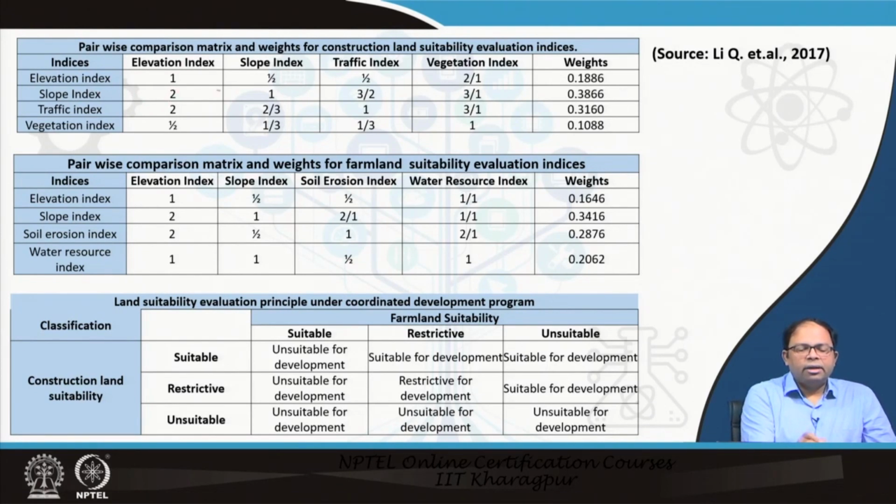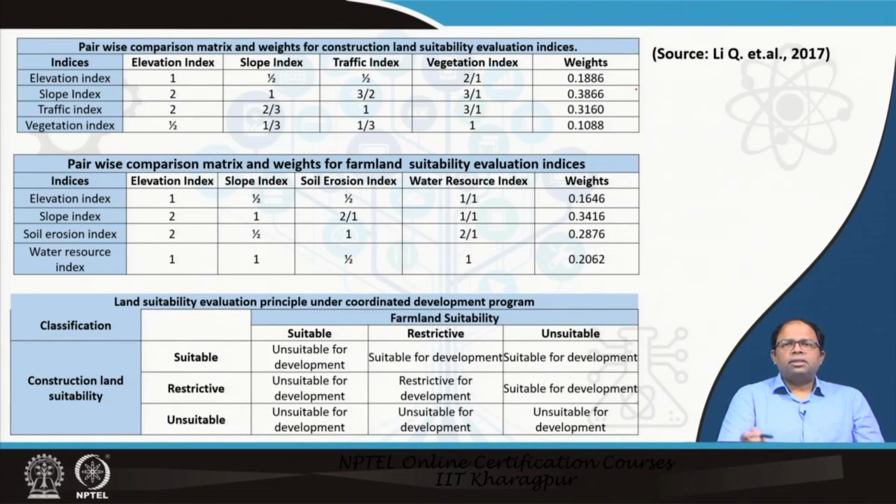In that way we create these scores, and then to combine these scores into weights we can use different techniques, such as averaging of the values of pairwise comparison, or there could be other methods as well.